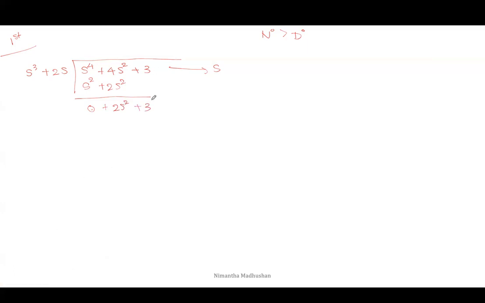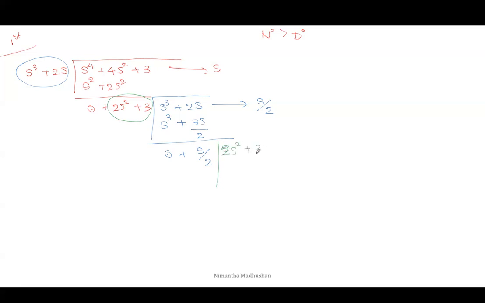Now I can use this function here, s cube plus 2s. From this one, I can obtain s over 2 times s cube plus 3s over 2... from this one, 0 plus s over 2. Then this term, I can use in here: 2s squared plus 3.